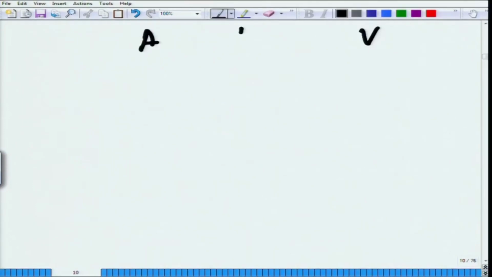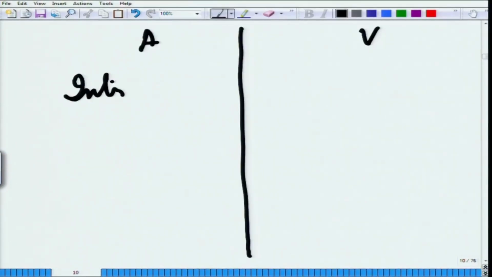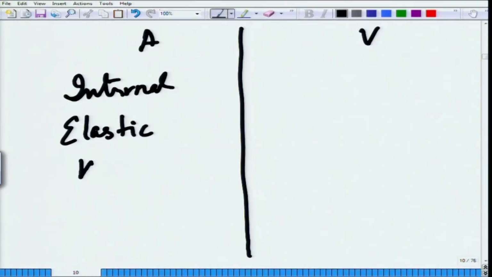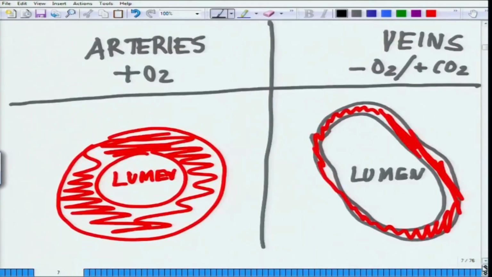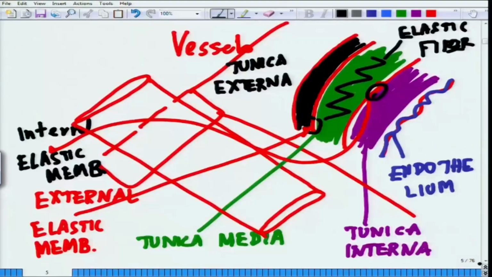Arteries and veins. The next classification is in terms of internal elastic membrane. This internal elastic membrane in arteries is present, whereas the internal elastic membrane is absent in the veins. So, if you go back, what I am talking about is this structure.